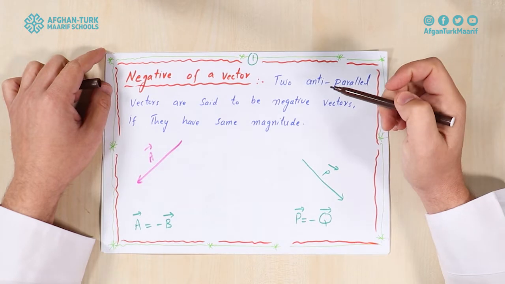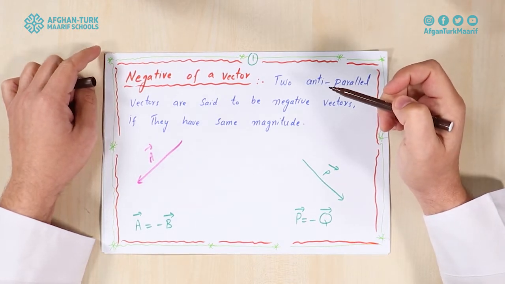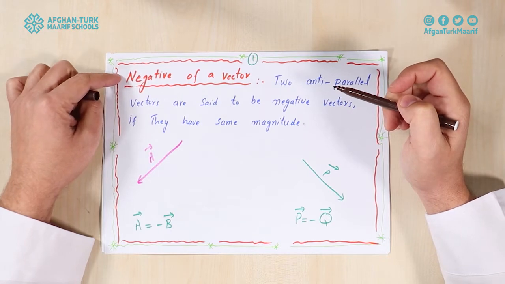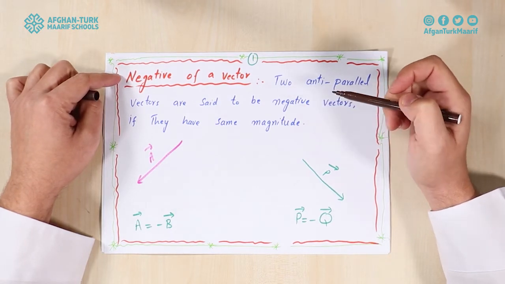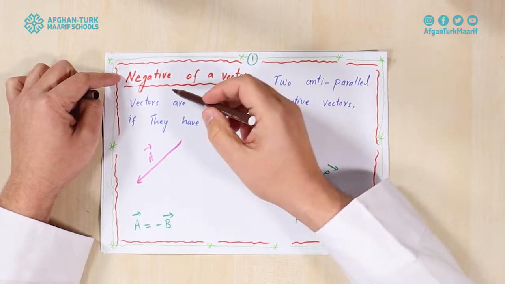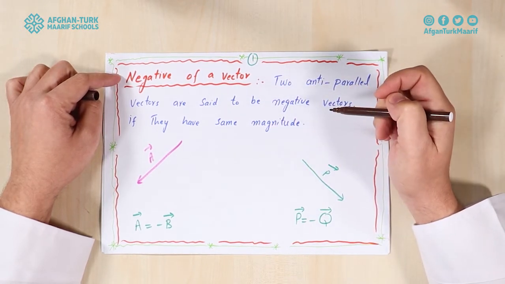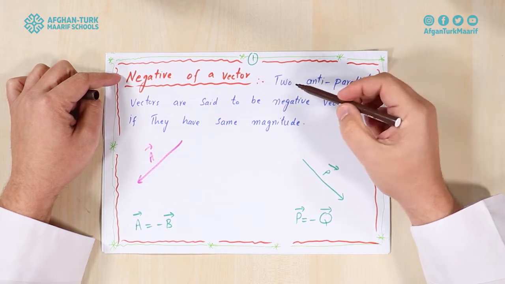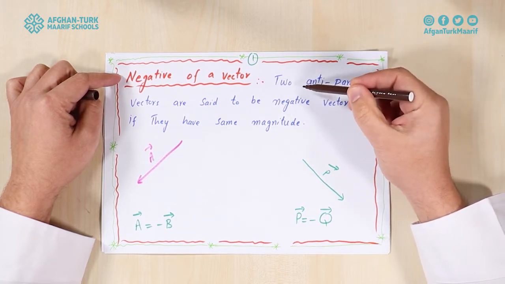Okay, like yesterday we studied the addition of vectors, so today we will study the negative of a vector. So how do we know the negative vector? Here the simple definition is given.